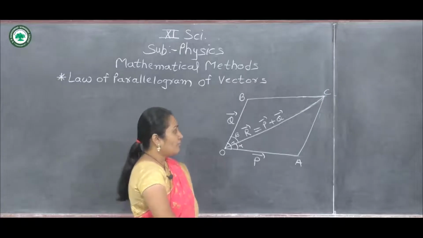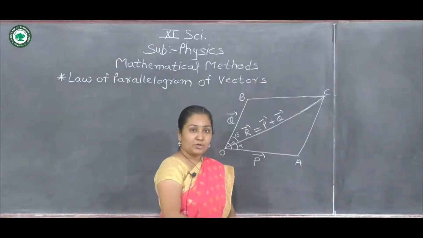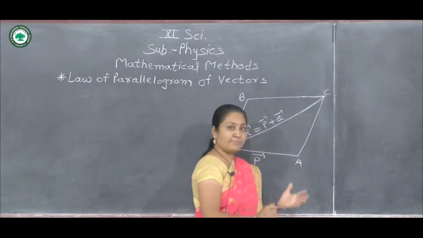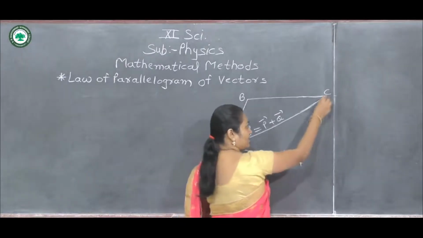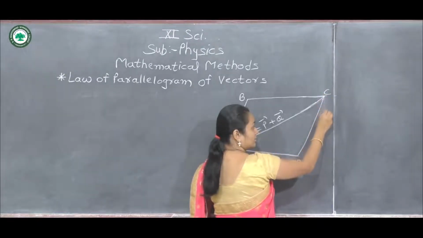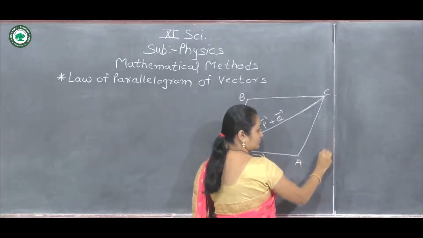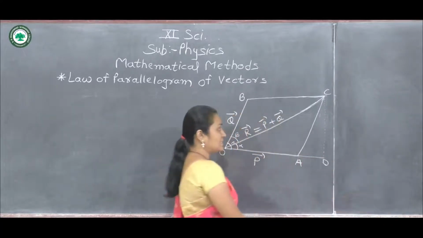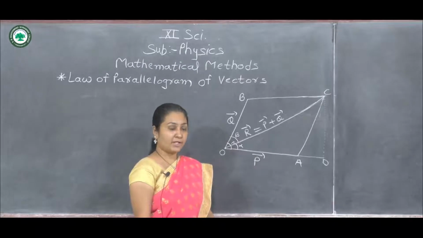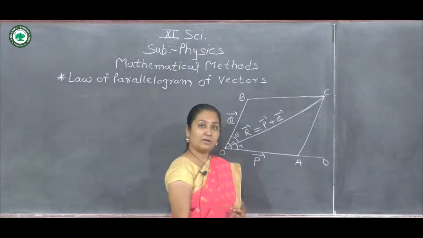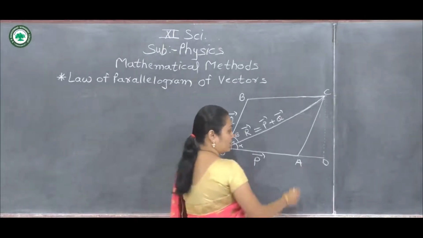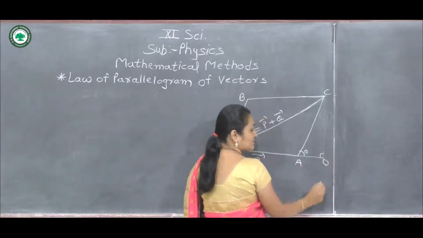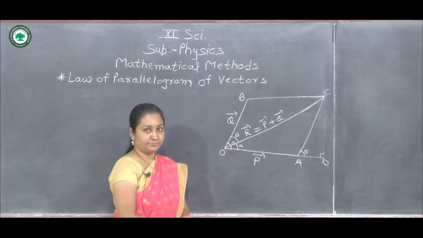Now we can drop a perpendicular from point C on this vector P bar. So this CD is a perpendicular on this vector OA or P bar. This angle is also theta and this is a right angle triangle.